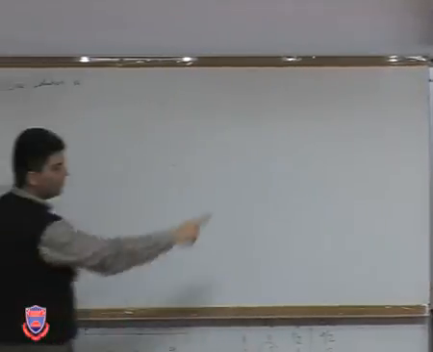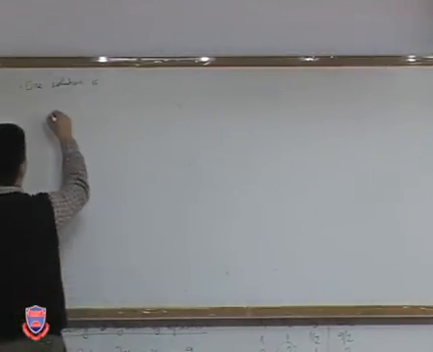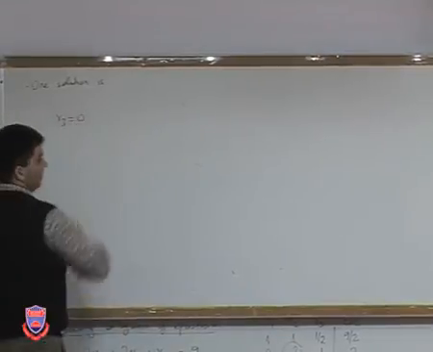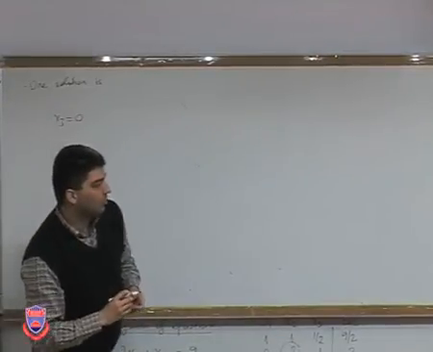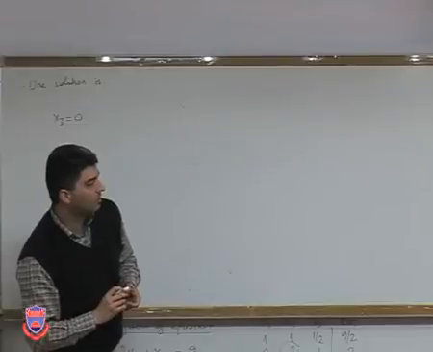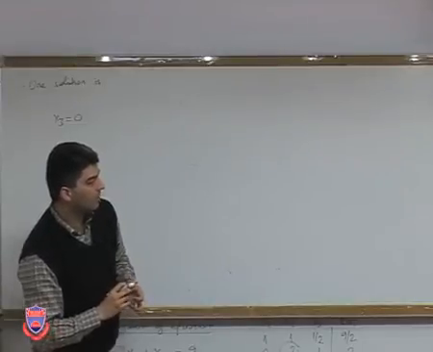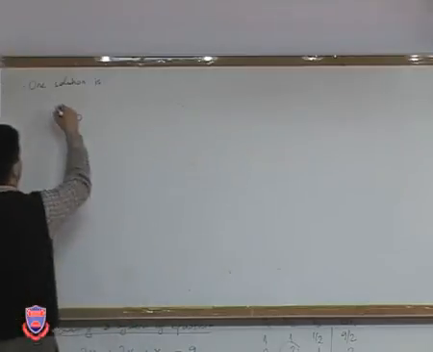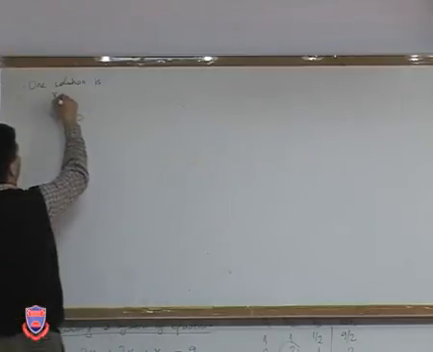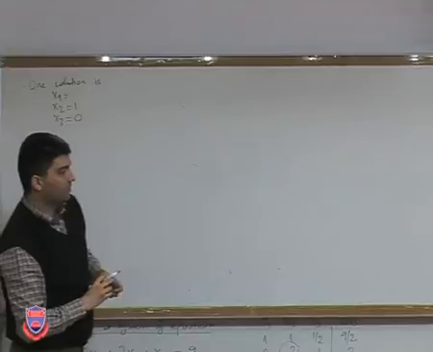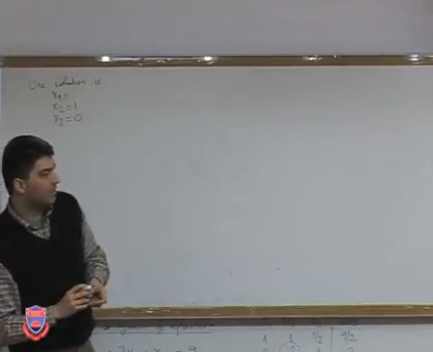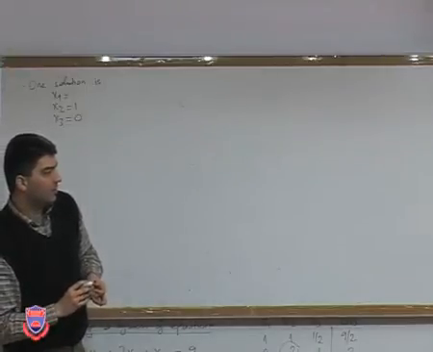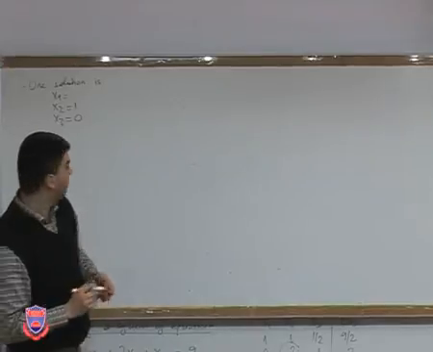So I can simply set, for example, x3 equals 0. Now, if x3 is equal to 0, what can I say about x1 and x2? X2 is 1, and x1 is equal to? Just look at the last table over there. x1 is equal to 2, basically, right?